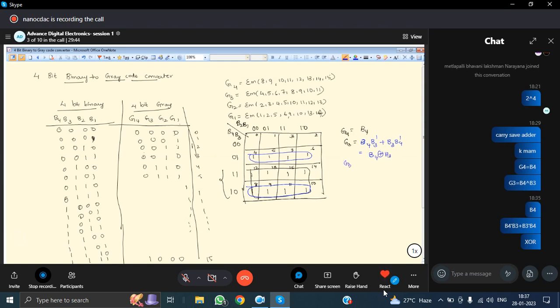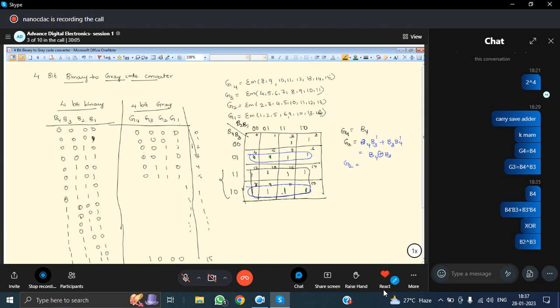So now if you see G2, what comes? Tell me. G2, what is G2? 2 3 4 5 10 11 12 13. Look here, 2 3 4 5, 10 11 12 13. So here you get one, and here you will get one.